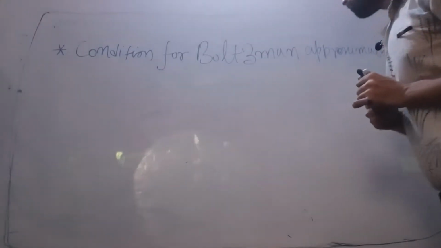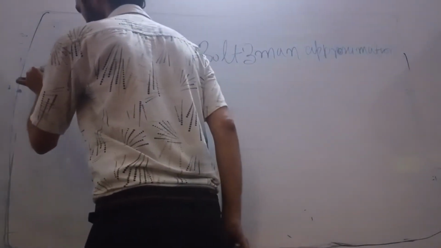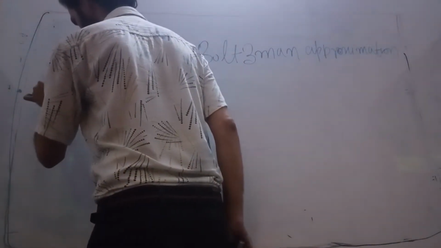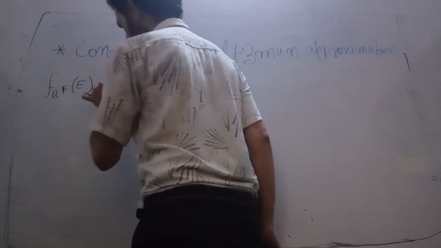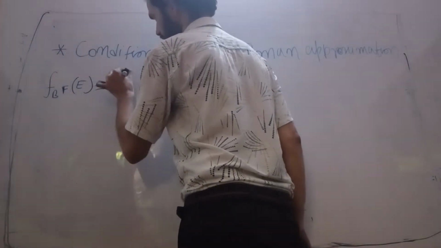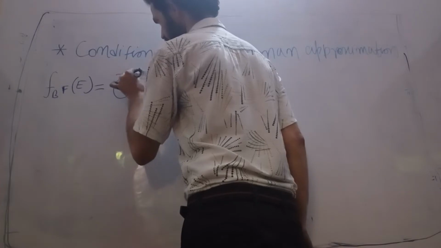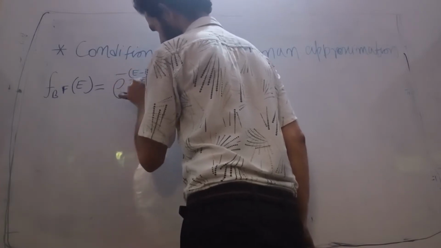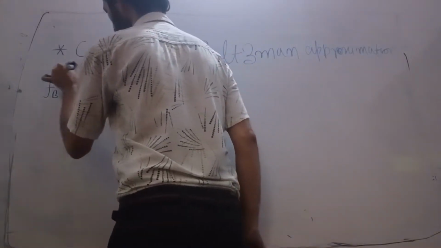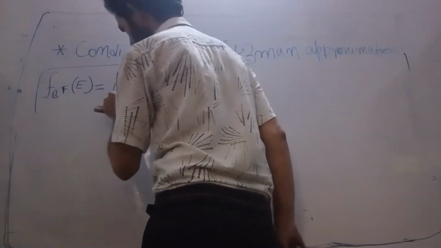Now, we want to see this Boltzmann approximation: f(E) is equal to e to the power minus (E minus EF) by kT. This is our Boltzmann approximation.